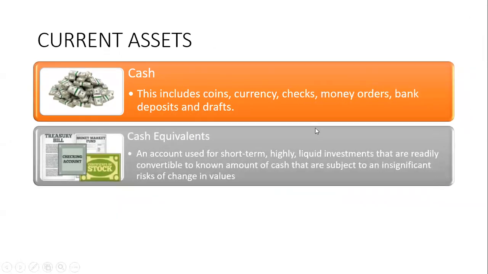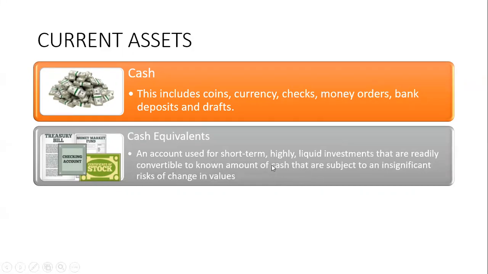Then pag cash equivalent naman, this includes accounts used for short-term, highly liquid investments. So this is an investment, okay, that is readily convertible into a known amount of cash. So usually pag sinabi natin mako-convert into cash, investment that can be converted into cash within 3 months.